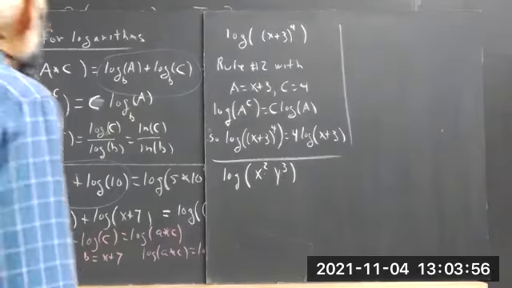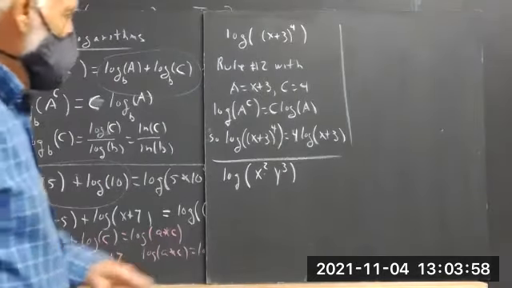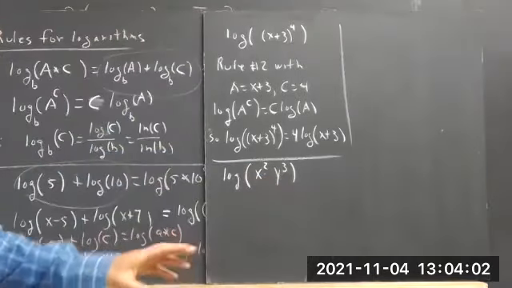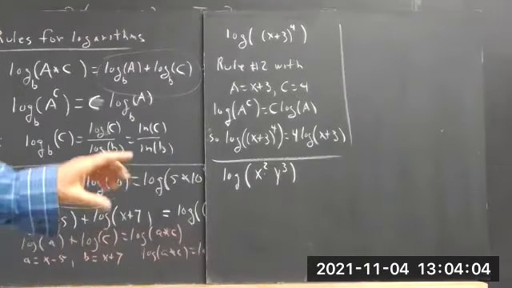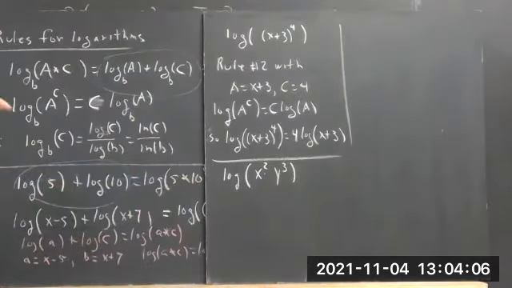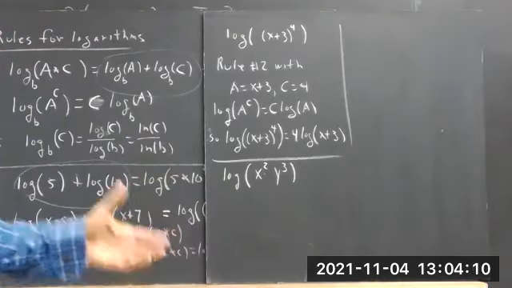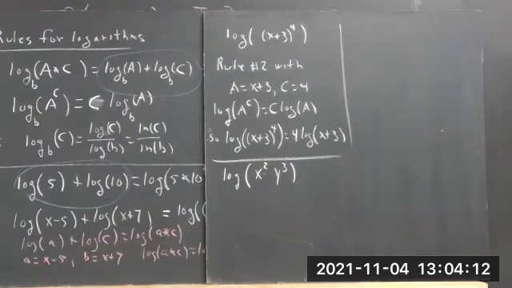Okay, now you want to be very careful. If you're not getting these pretty quickly, you want to be careful to identify your A and your C. Okay? Each rule has an A and a C.